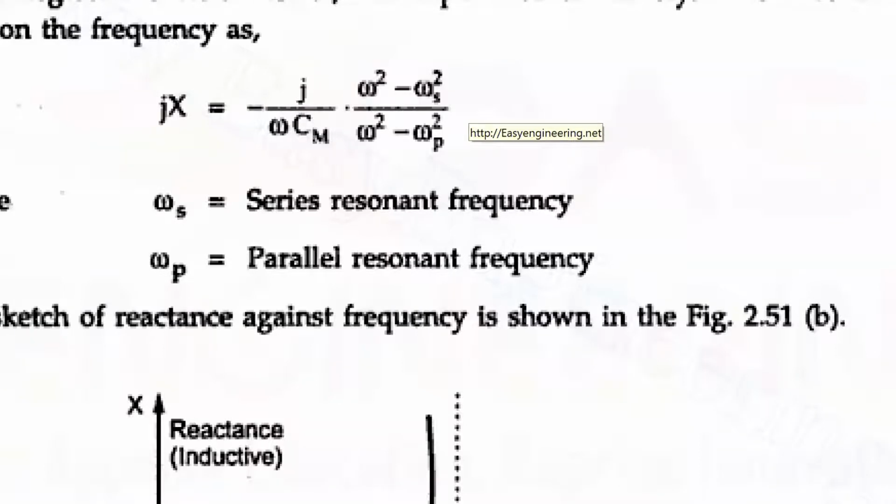When omega is nearly equal to omega p but slightly less, will this term be positive or negative? Negative. Already we have a minus sign, so x will become plus infinity. Very good, correct answer.